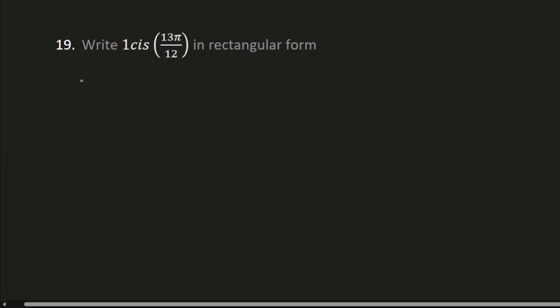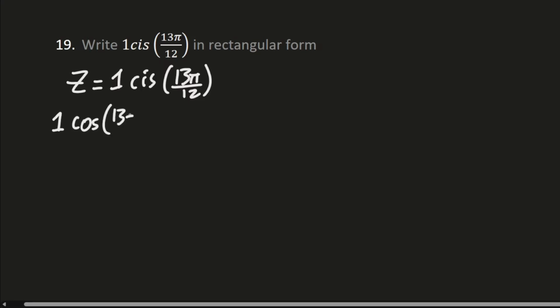Alright, so we have z is equal to 1 cis of 13 pi over 12. And that expands out to 1 times cosine of 13 pi over 12 plus 1 times i times sine of 13 pi over 12.